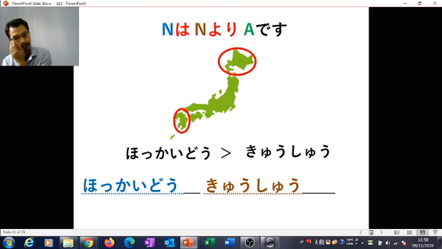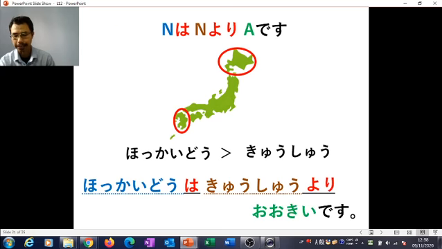So the benchmark here is Kyushu, and you want to analyze whether Hokkaido is larger or smaller compared to Kyushu. If you want to make a sentence like this, you put Hokkaido first. Hokkaido wa, Kyushu yori ookii desu. Hokkaido is bigger or larger compared to Kyushu.